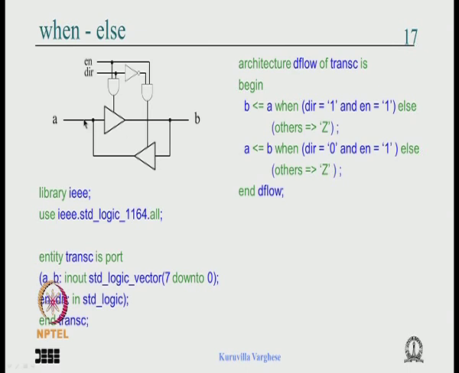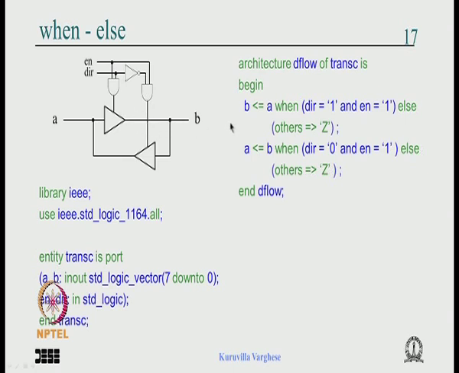So naturally A goes to B. When the opposite is the case, when direction is 0, this is cut off because this gets 0 and the enable is 1, then this is enabled, so this part is cut off.